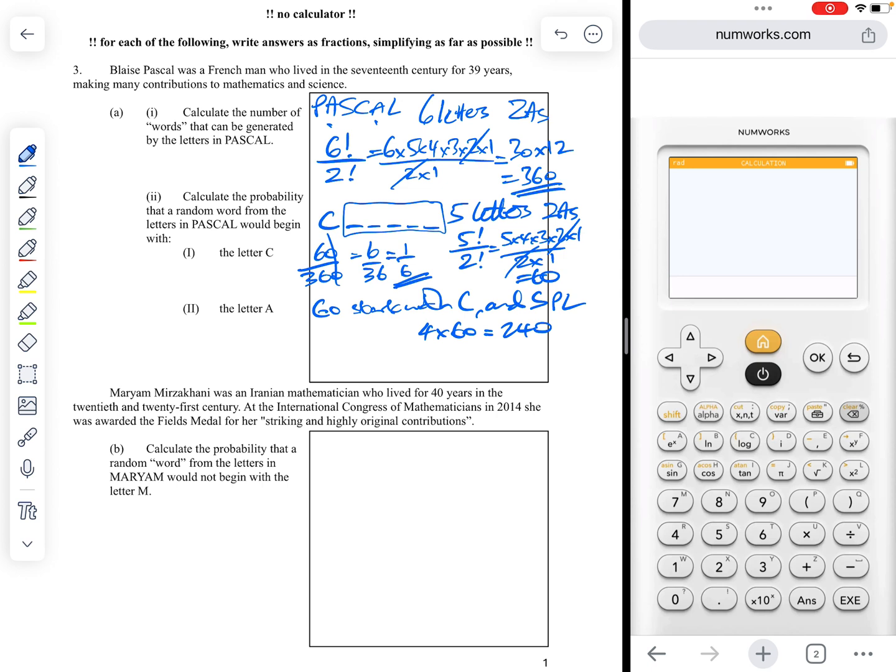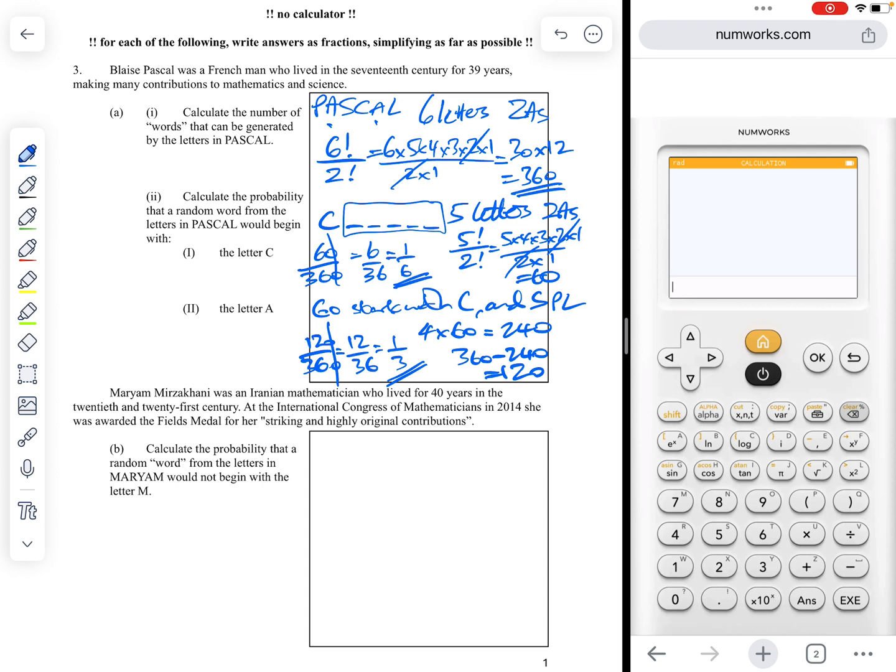So 240 start with C and S and P and L. The rest start with A. 360 minus 240 is 120. So the probability that it starts with the letter A, this random word, is 120 out of 360. Cancel. 12 out of 36, which is 1/3. A third of those words would begin with the letter A.